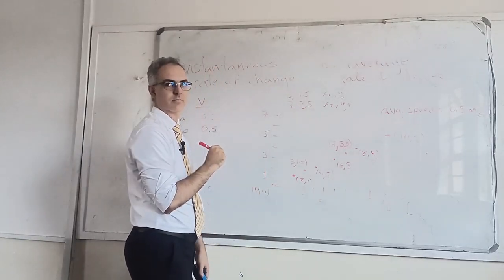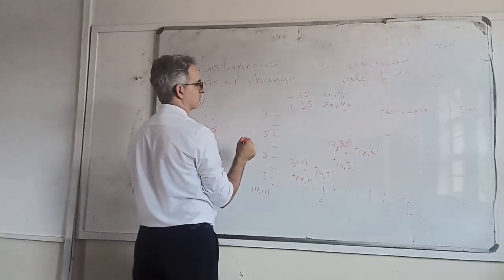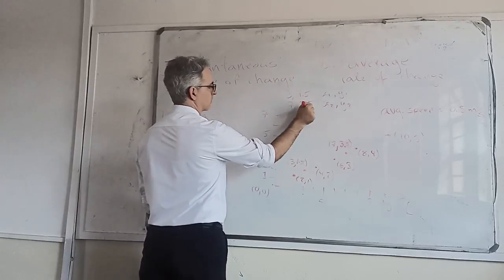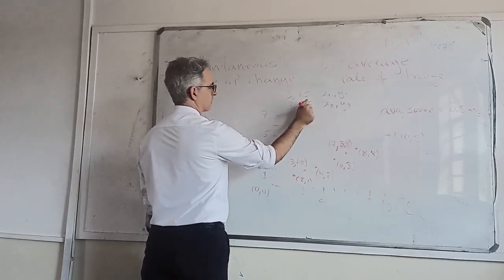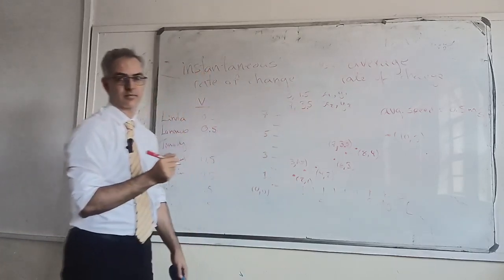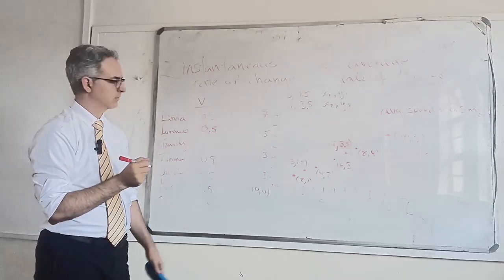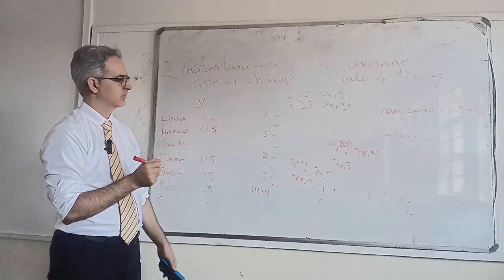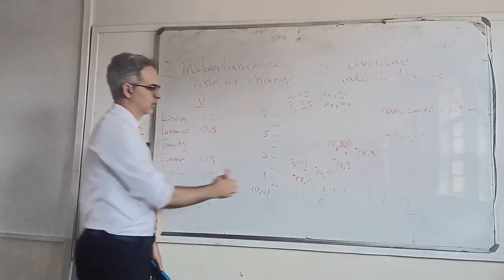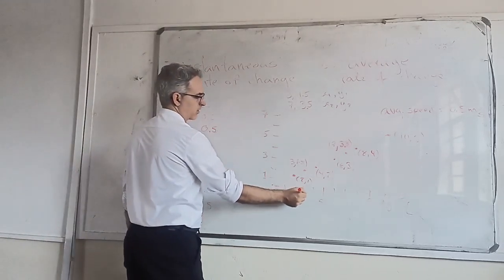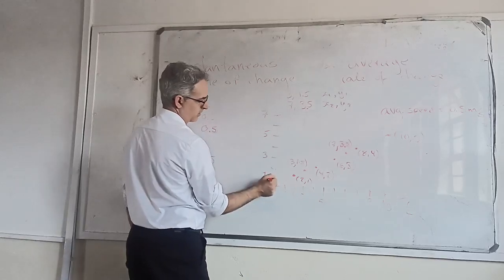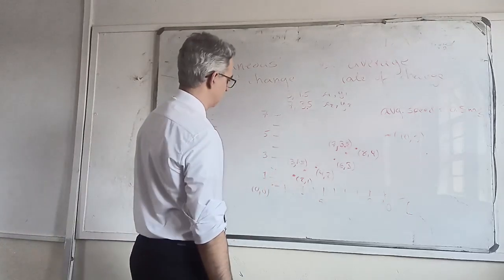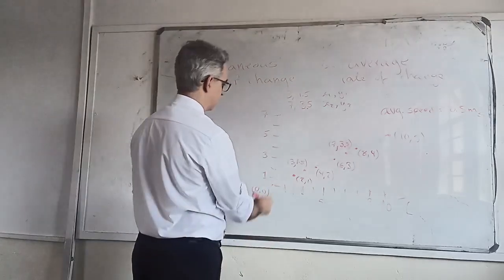D is distance. 1.5 is time. This is 1, 2, 3 seconds, and oh, yeah, that's right.